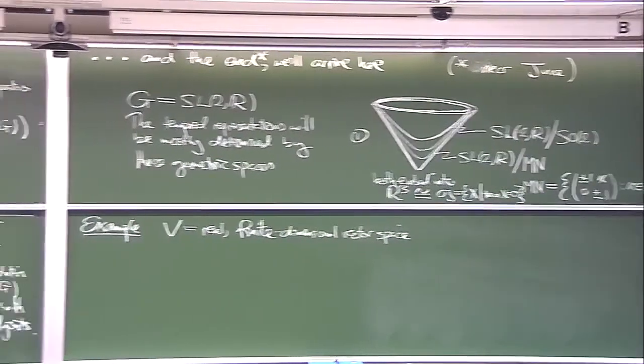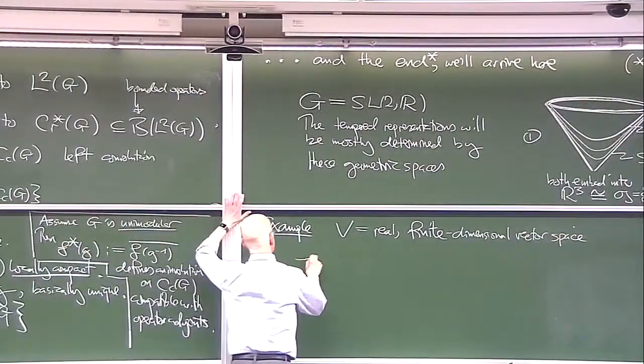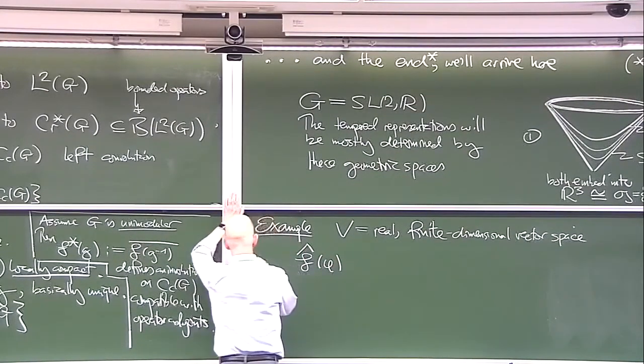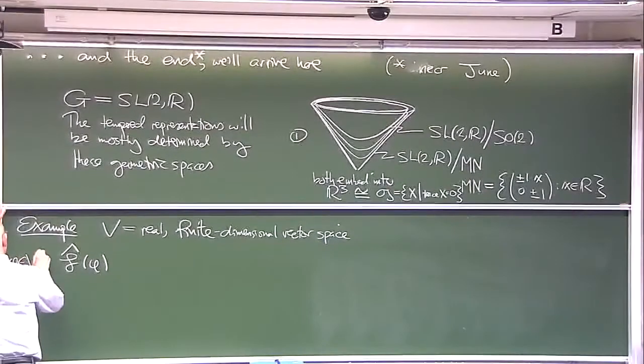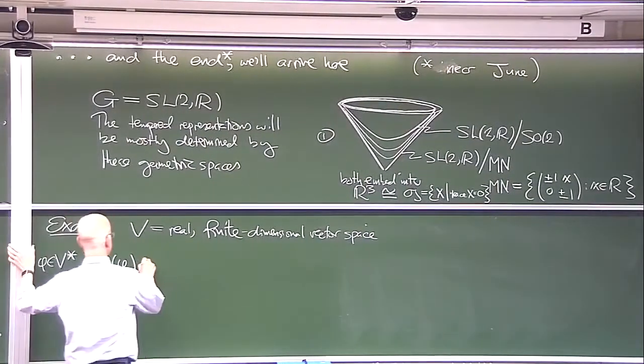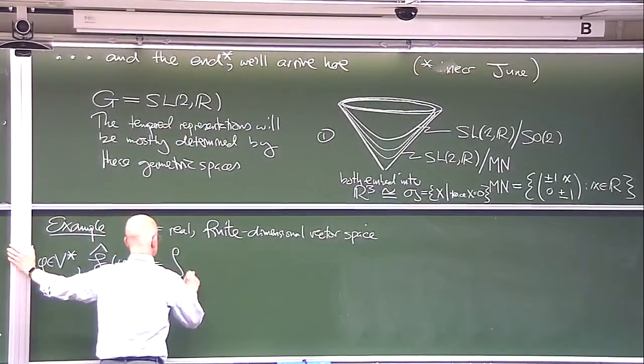If I have a function on the vector space, and of course it has a Fourier transform, which is a function on the dual vector space, the space of linear functionals, and it's defined in this way, as you know.